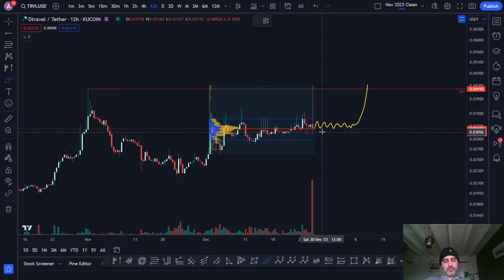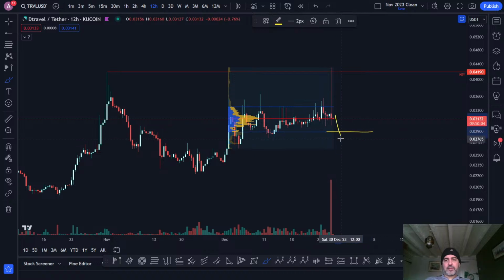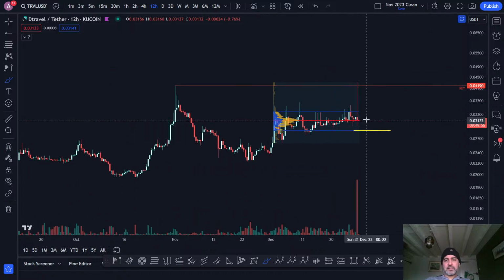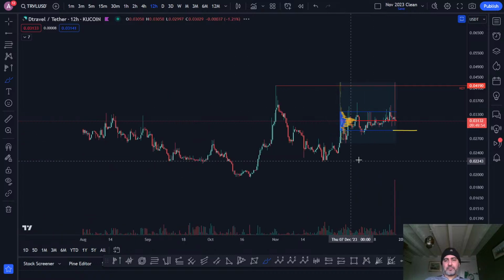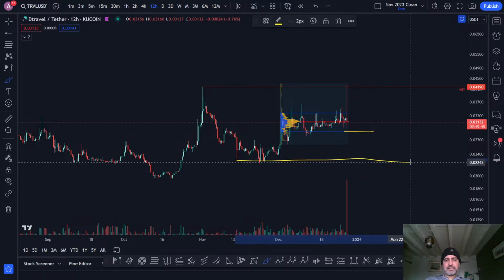So now what you would expect the bears to do is flip the value area into resistance and continue. That's what the bears want to do now. That's the thesis. The bears need to make a lower low. So ultimately, the bears need to take it down here.